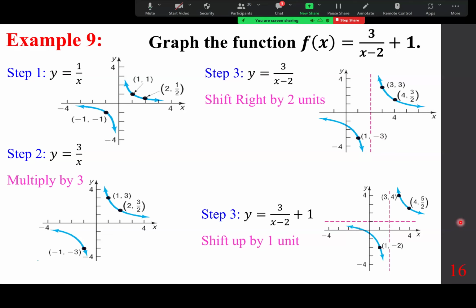Now we should recognize that. Of course, x equals 2 is the vertical asymptote. y equals 0, the x-axis, was the horizontal asymptote. It's been shifted up by 1 unit. That's y equals 1.